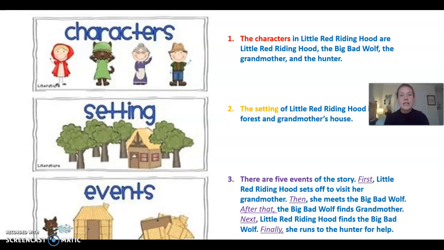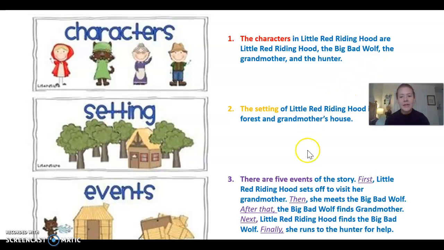Those are our characters. That's who is in our story. Then the setting of our story of Little Red Riding Hood is the forest and at Grandma's house. There's 2 different settings. Stories can maybe have one setting or they can have many settings. Just depends on the story.